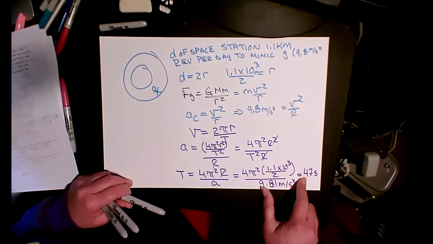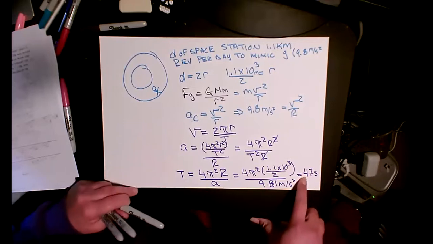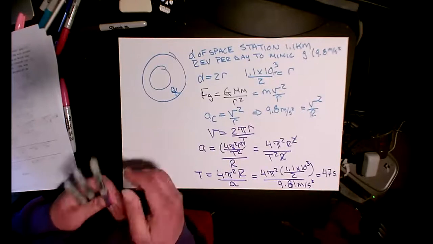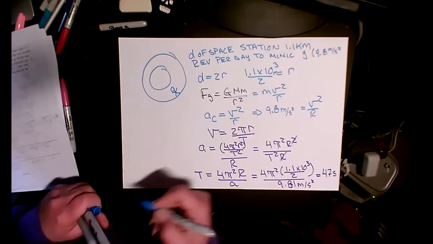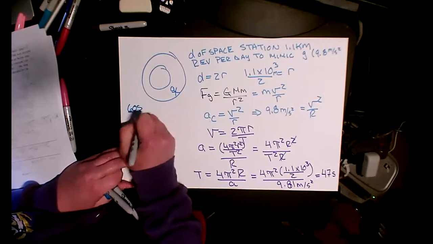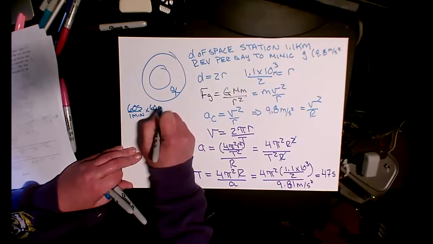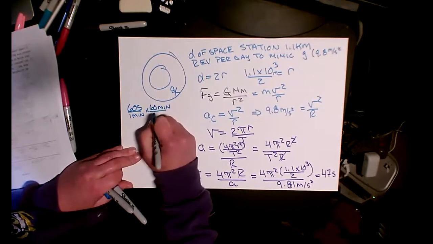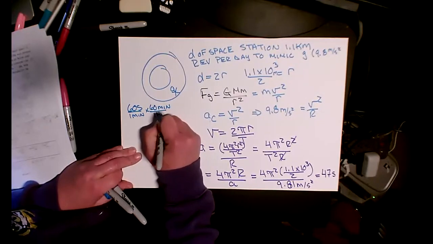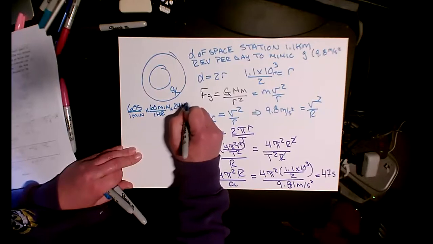So from that, I can jump into how many rotations per day, right? And there we have to do all sorts of things as far as how many seconds per day. I can write it out: 60 seconds in 1 minute times 60 minutes in 1 hour, sorry, I lost my train of thought there, times 24 hours in 1 day.